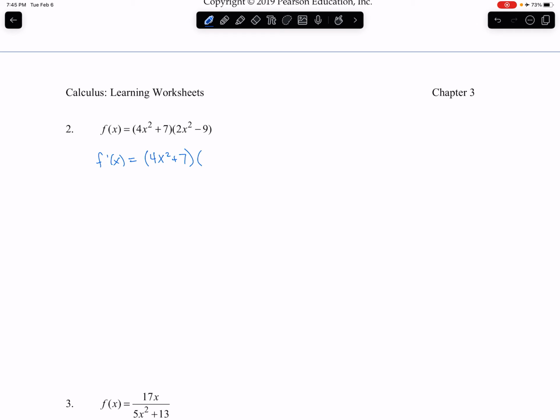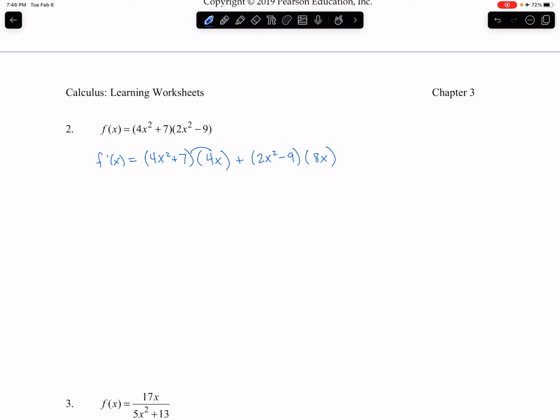So 2x squared minus 9 becomes 4x. Plus the second, 2x squared minus 9, times the derivative of the first. So 4x squared becomes 8x and 7 becomes 0.